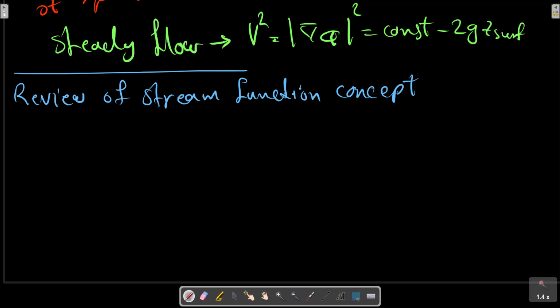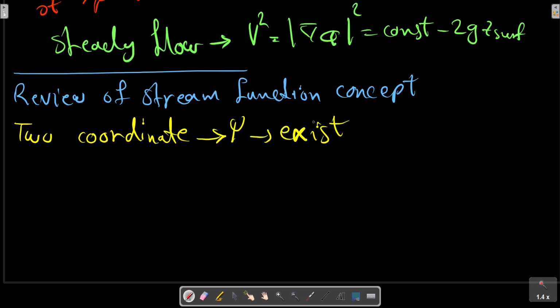From previous chapter 4, if a flow is described by only two coordinates, the stream function psi also exists as an alternate approach for plane incompressible flow in, for example, xy coordinates.